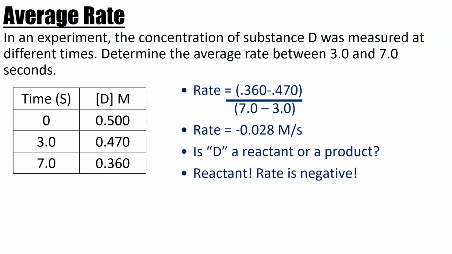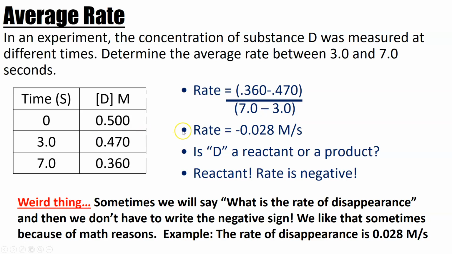Putting that word disappearance there is supplying the negative sign for you. You don't have to put the algebraic symbol in that case. So sometimes we're going to put the negative and sometimes we don't have to. It's just kind of context. It takes a little bit of practice getting used to when it is necessary and when it is not.